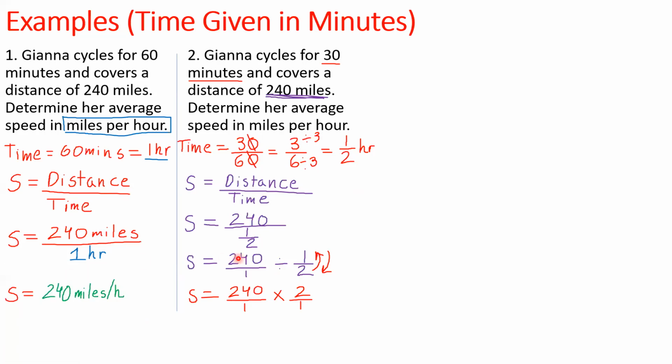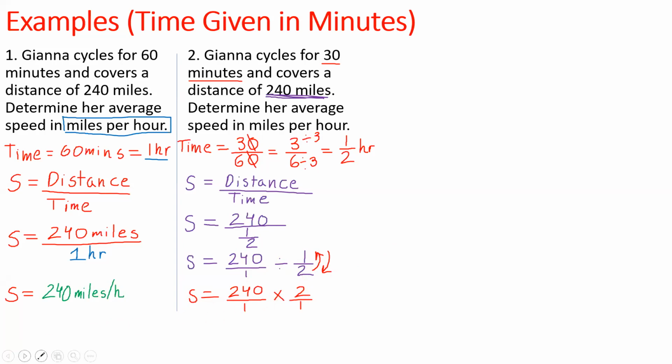Very simple. We kept this fraction, 240 over 1. We switched the division sign into a multiplication sign, and then we flip the half. So we put the 2 at the top, the 1 at the bottom. That's what KSF means. So S, which is average speed, is equal to 240 over 1 multiplied by 2 over 1.